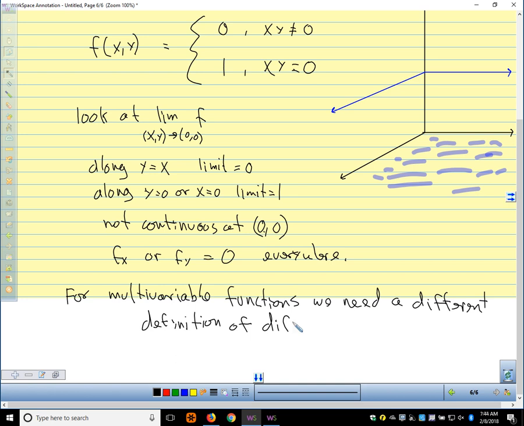And we'll talk about that definition next time. So I wanted to introduce why we need a different definition with a relatively simple function.